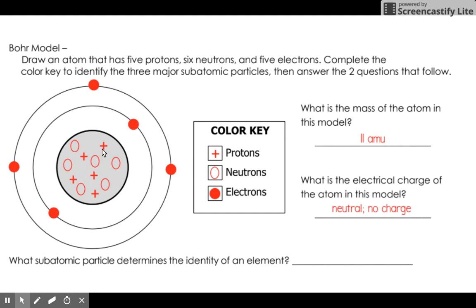So all I have to do is count 1, 2, 3, 4, 5. And on my periodic table, I look for the atomic number 5, and I will know what the atom is or what this Bohr model represents. So the answer for that one will be protons.